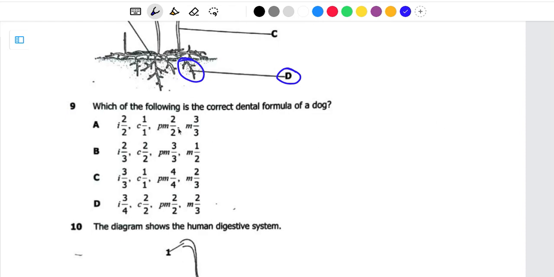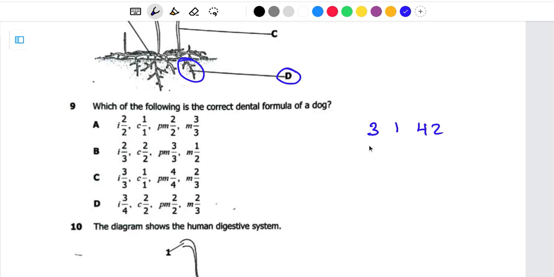Then when it comes to question 9, it's saying which of the following is the correct dental formula of a dog? So the dental formula of a dog, always you just need to remember this number, 3142. Once you remember the number on top here, it is going to be very easy for you to come up with the dental formula of a dog.